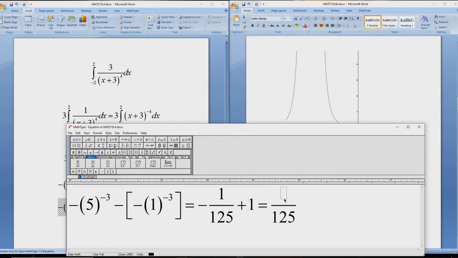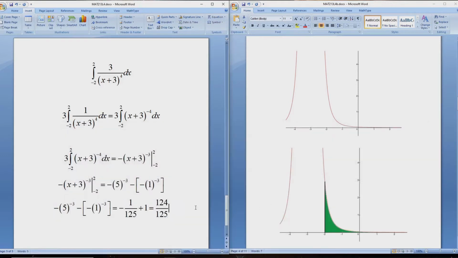And so we would have minus 1 plus 125 to get us 124. And that's our final answer: 124 over 125. That is the area of this green region on the graph here, just short of 1.